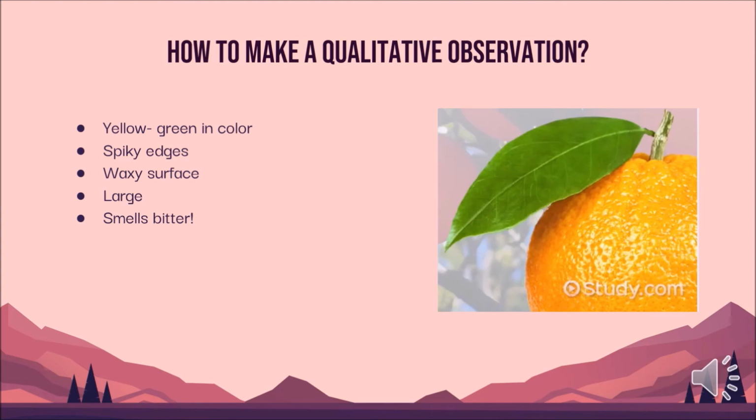By using our eyes, we can also see the leaf is large. And lastly, with our nose, we can smell the orange leaf. For example, the smell is bitter. The most important thing in qualitative observation is that it does not contain any measurement or numerical value.